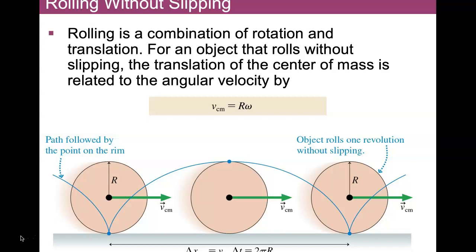So if I have a disk, for example, that's rolling on a flat surface, the bottom of this disk, which is touching the ground, should have instantaneously a velocity 0 because the ground is not moving, and instantaneously there's no relative motion between the point of contact and the ground. So instantaneously the lowest point of this disk must have a velocity 0.